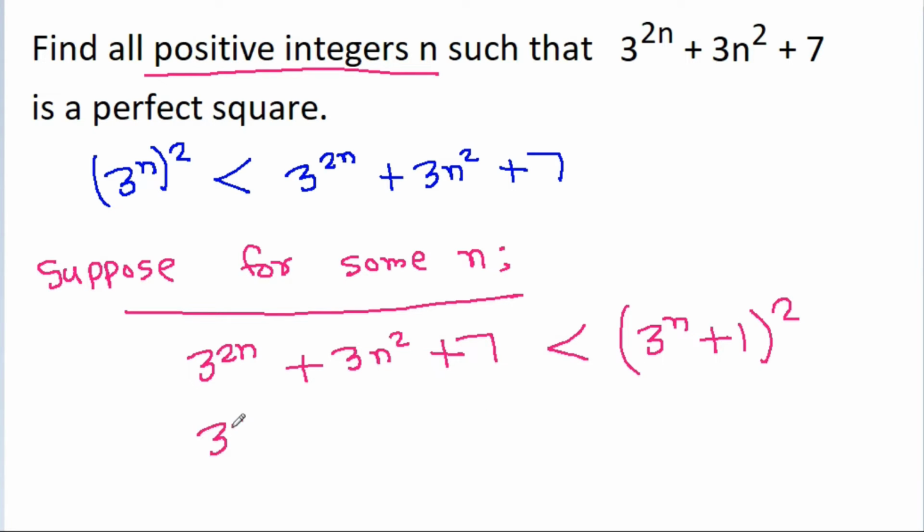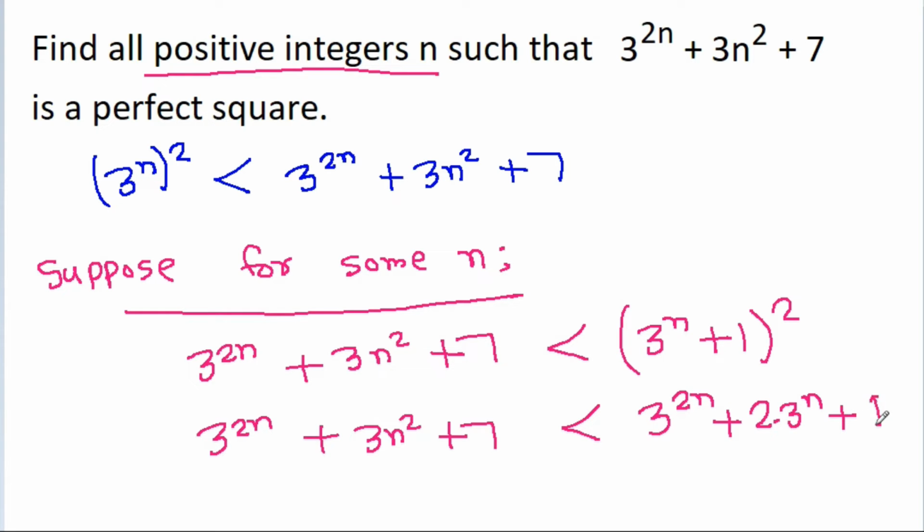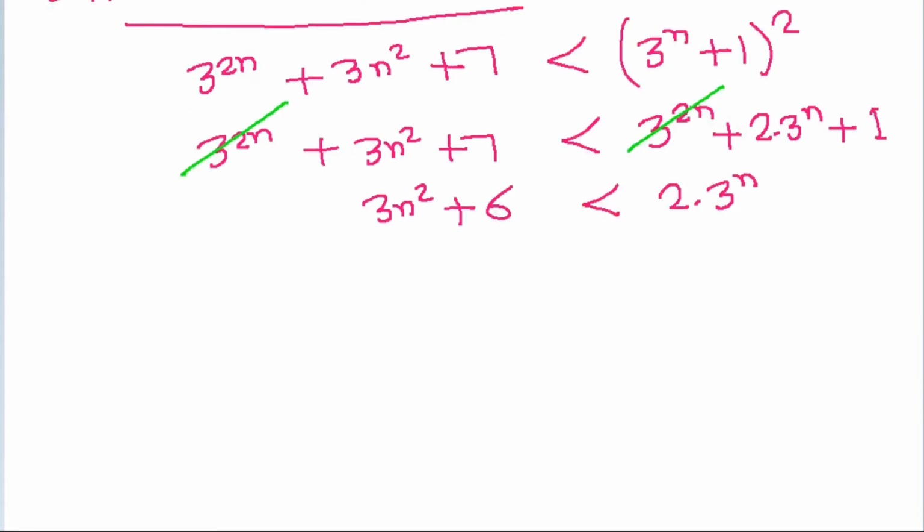So it is 3^(2n) + 3n^2 + 7 is less than (3^n)^2, which is 3^(2n) + 2 times 3^n + 1, and 3^(2n) will get cancelled and we get 3n^2 + 7 - 1, which is 6, is less than 2 times 3^n.